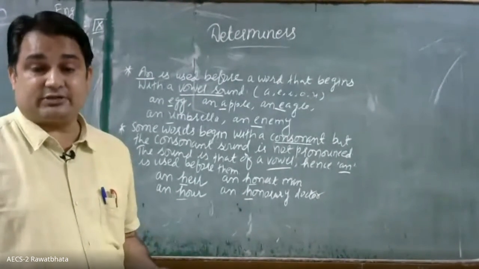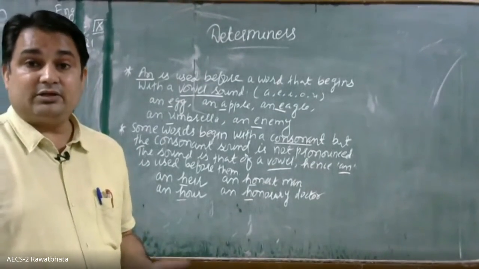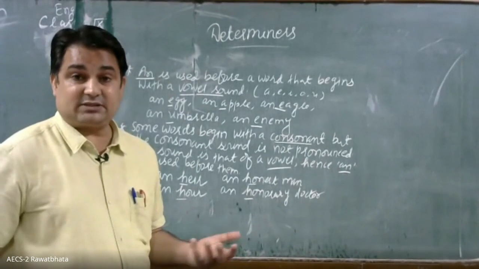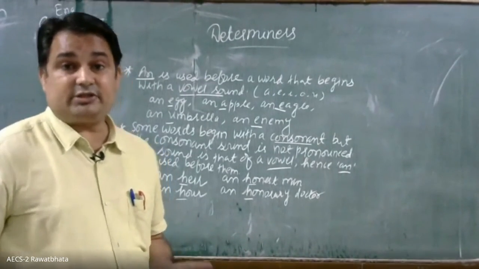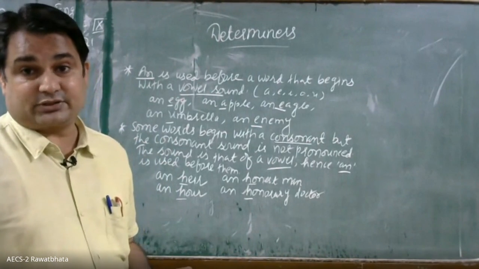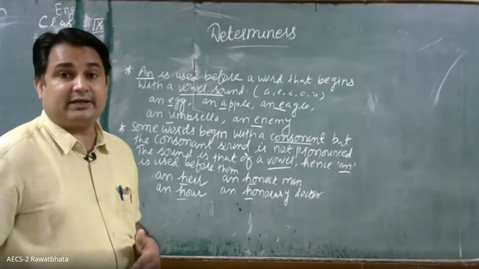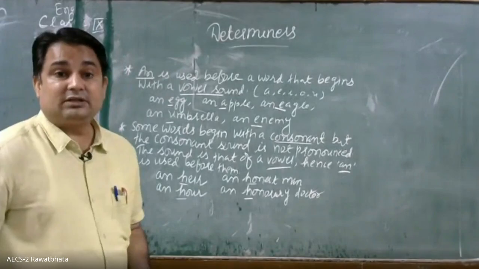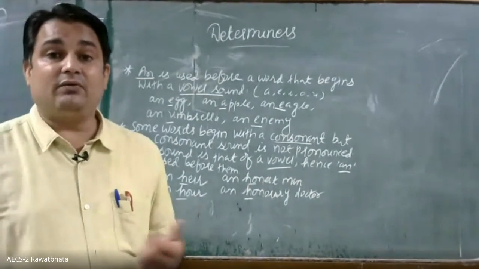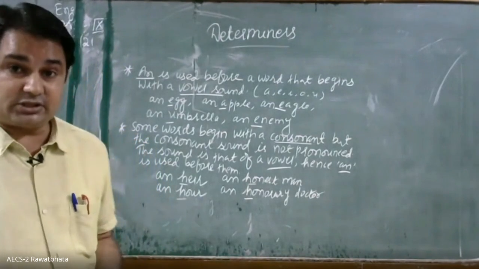First, second specify the order. All these words telling about quantity and number are determiners. In tomorrow's class we will discuss how they are used: how few, a few, the few are used, how little, a little, the little are used, and where many and much are used.